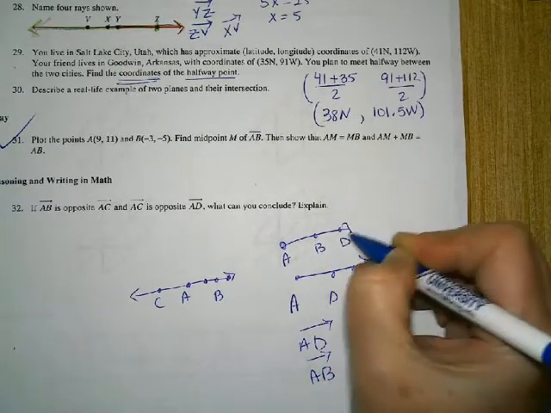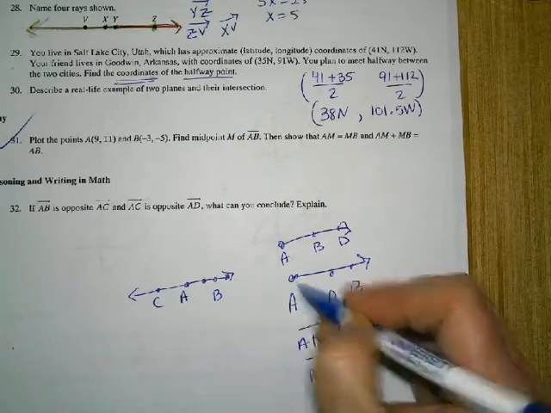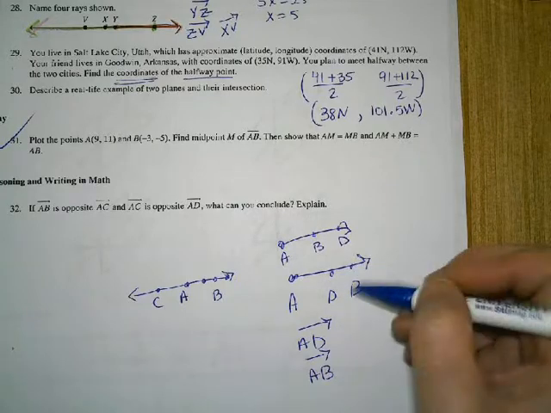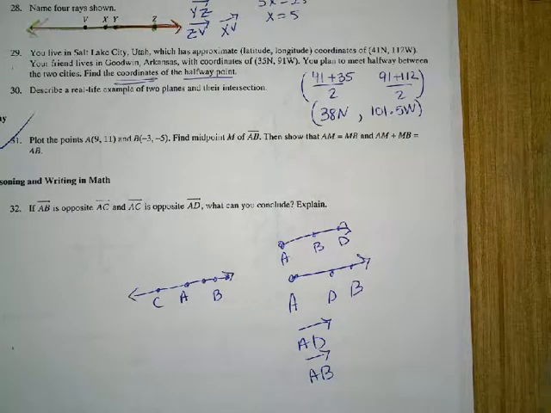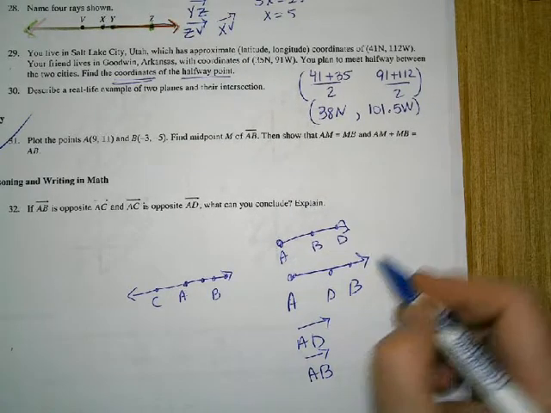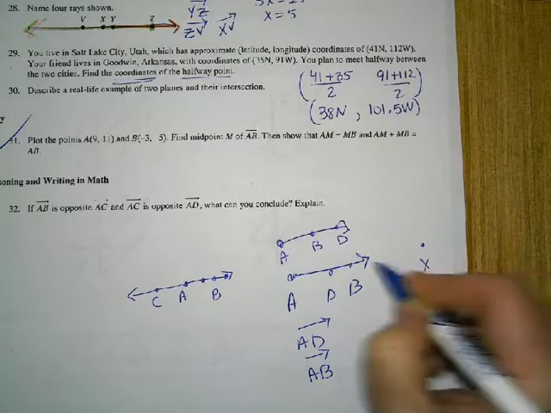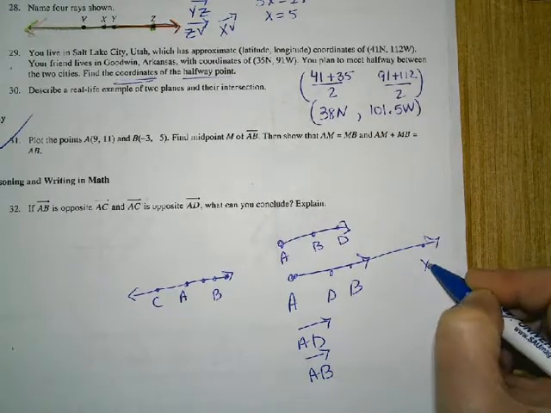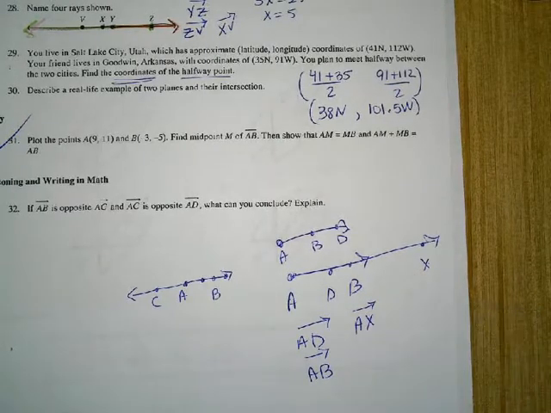So could this one. When you're naming a ray, it's very important to name the endpoint. And then it doesn't matter which point you name as long as it's going in that direction. It could be AD or AB. Could go on out there. If you had something way out there, like let's say X was way out there, you could call it AX. That would all be naming the same ray.